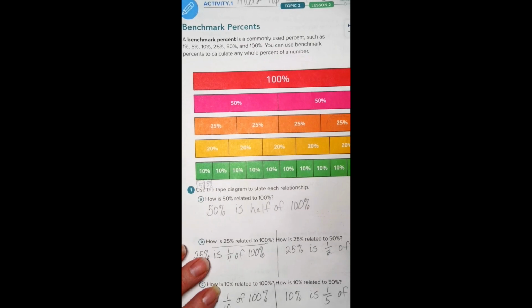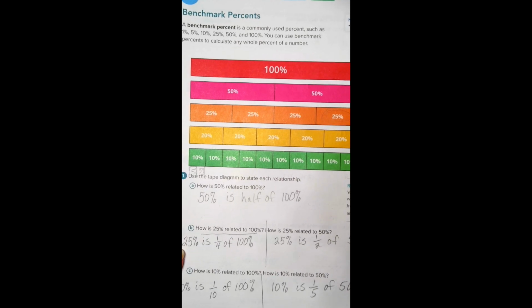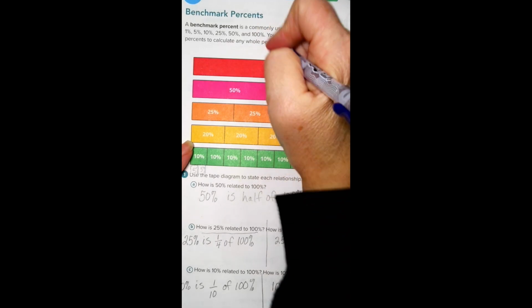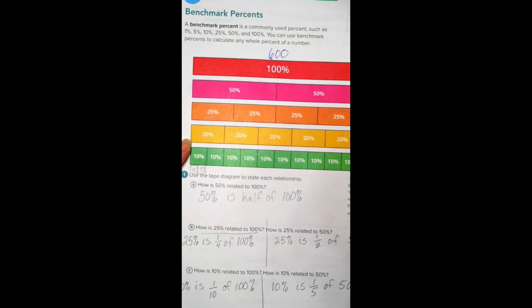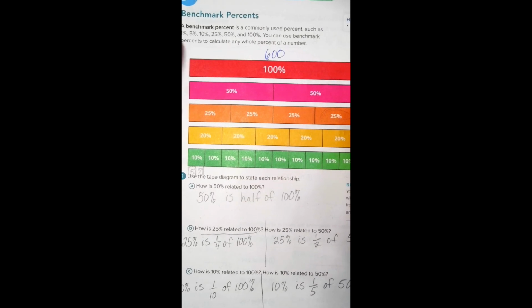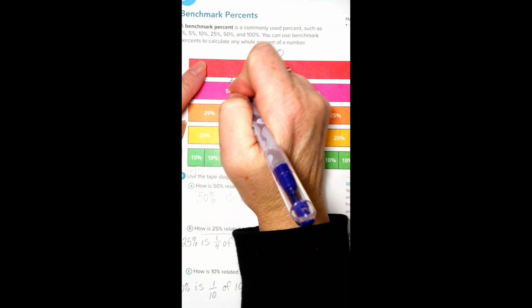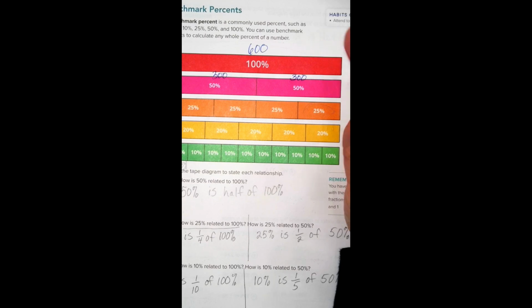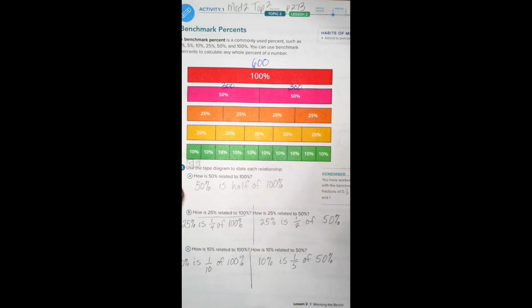And what about 25%? I want to flip back here and label the diagram a little bit. I'm going to grab a different color so that it sticks out. If 100% was 600, let's break it down. For the 50%, we would need 300 and 300, because remember, it needs to be worth 600.